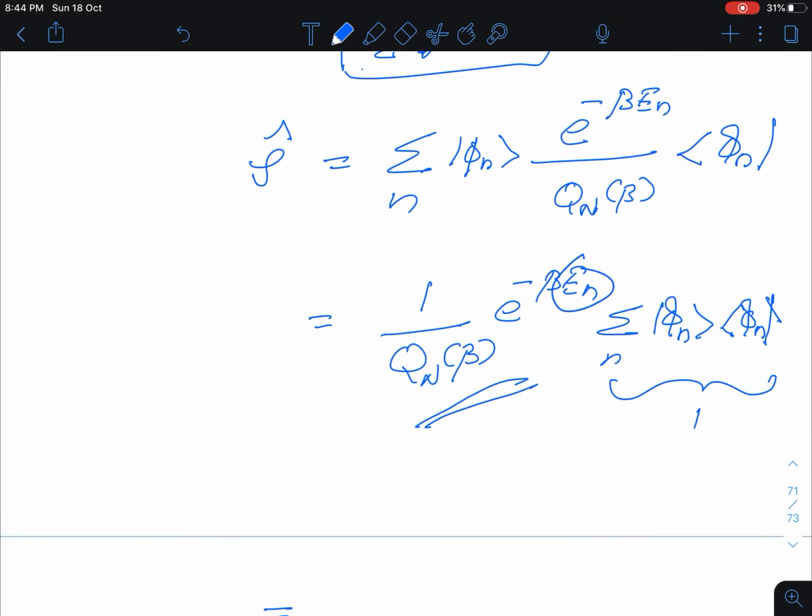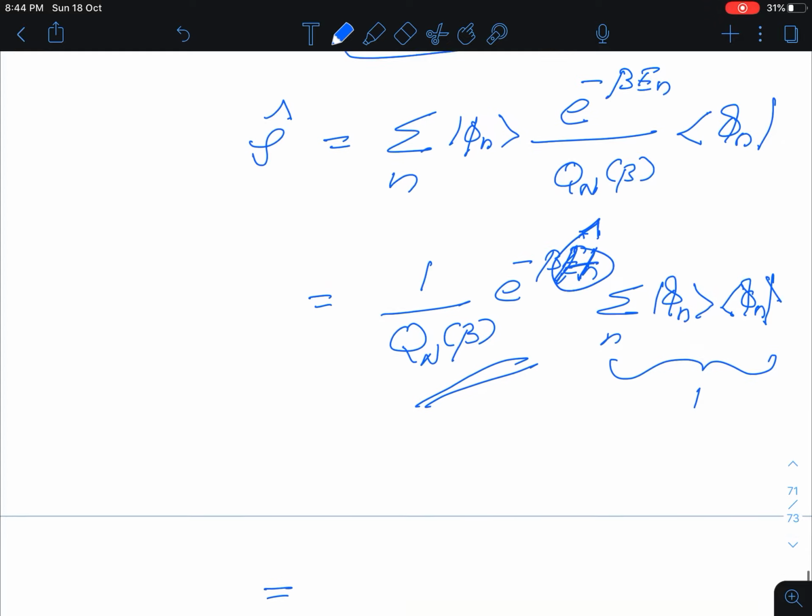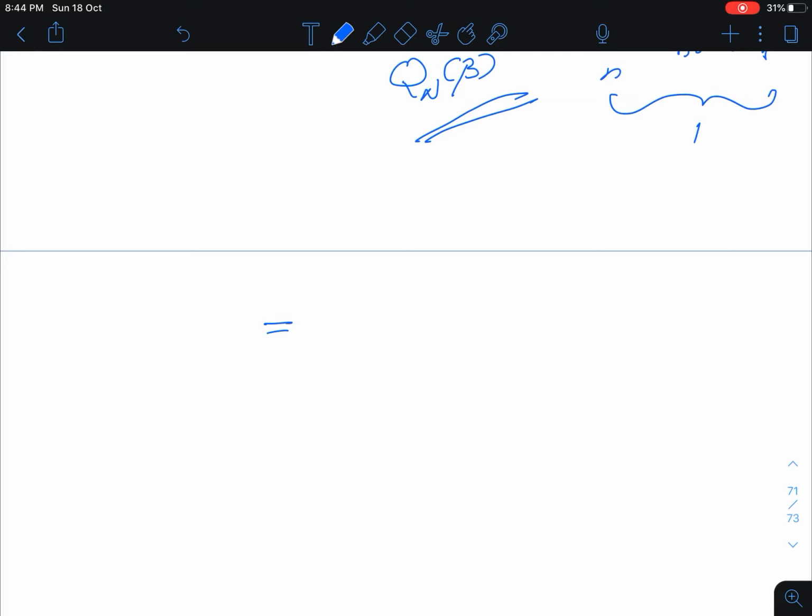When you take it outside, this En when it comes outside should be the H operator. Only then can you take it outside. So it should be an operator, otherwise you cannot take it out.